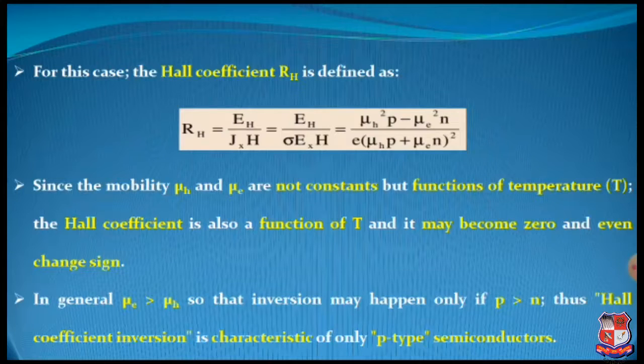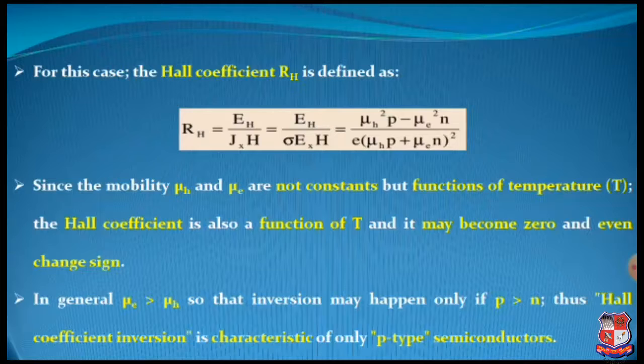Since the mobility of holes and electrons, that are mu H and mu E, are not constants, but both values are varying with the temperature, so these are the functions of temperature, capital T. The Hall coefficient is also a function of temperature, and it may become zero and even change the sign of positive and negative charge carriers.